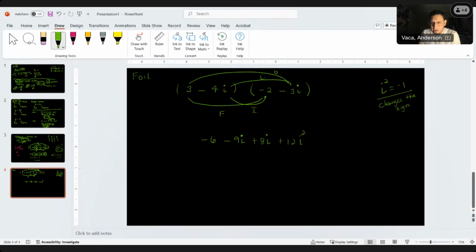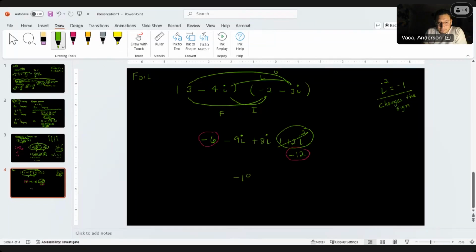But the i squared changes the sign of the number in front of it. So instead of that being a +12, that is -12. So now we can combine like terms. We can combine this -6 with the -12.